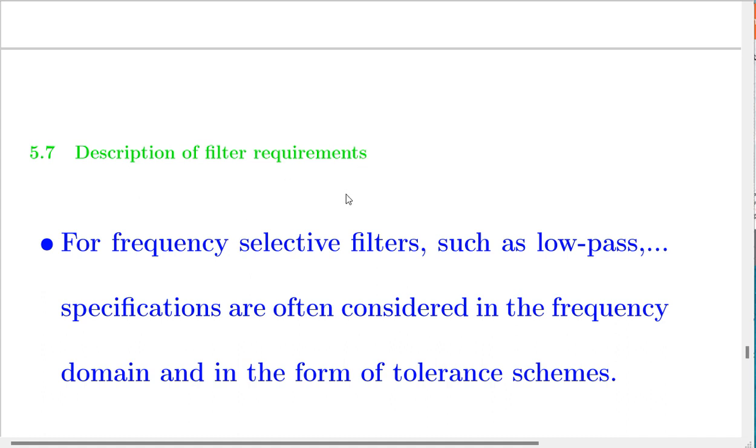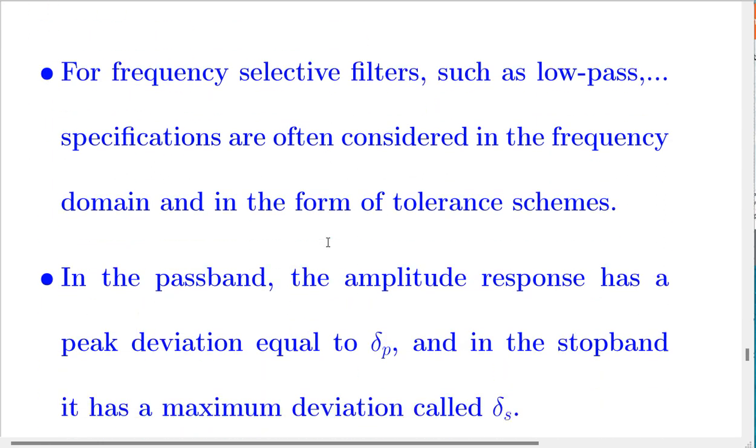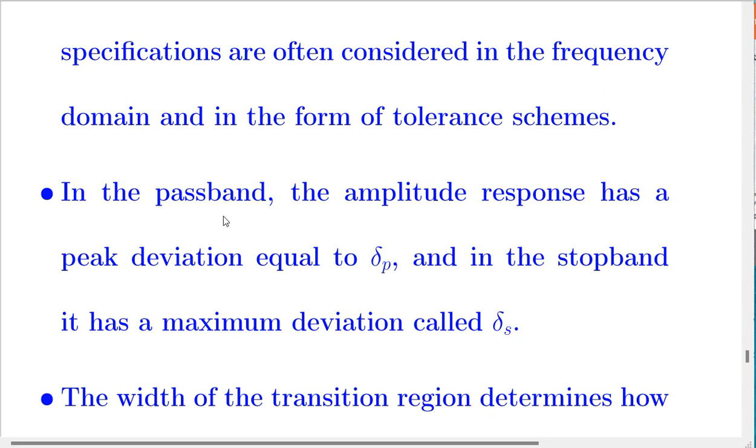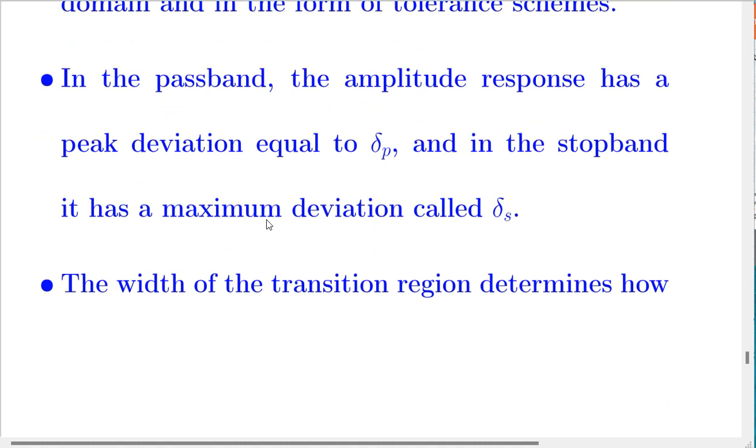Description of filter requirements. For frequency selective filters, such as low pass, high pass, and so on, specifications are often considered in the frequency domain and in the form of tolerance schemes. Okay. In the pass band, the amplitude response has a peak deviation equal to delta P, and in the stop band, it has a maximum deviation called delta S. Okay.